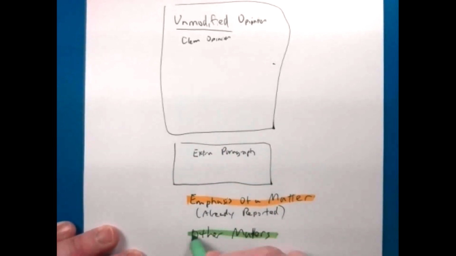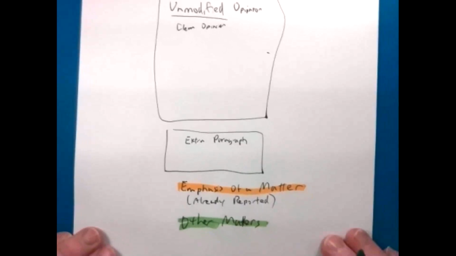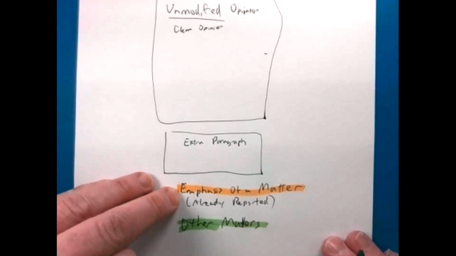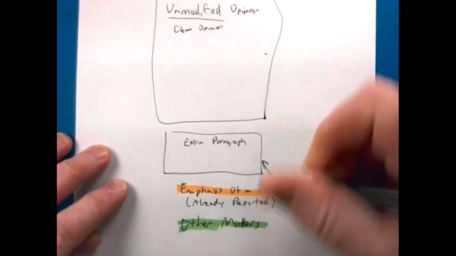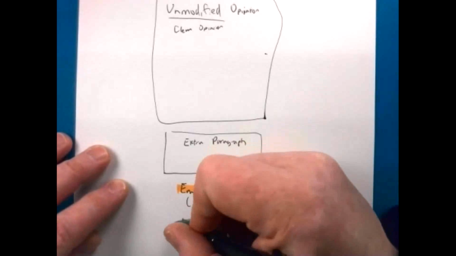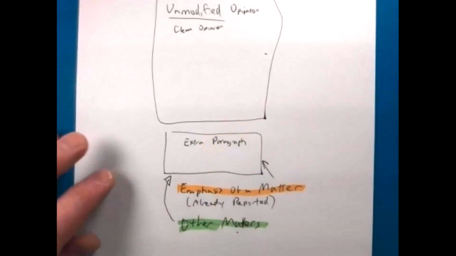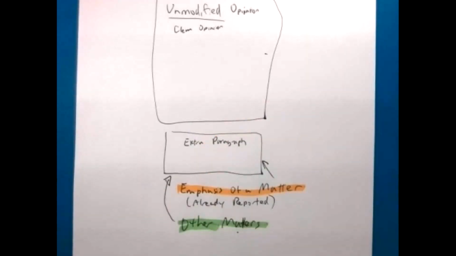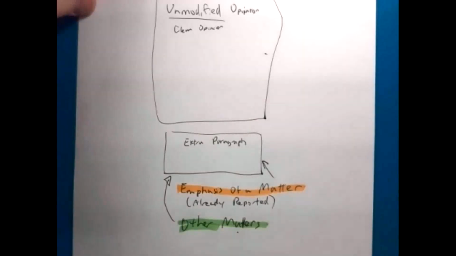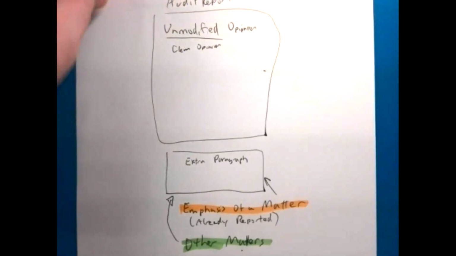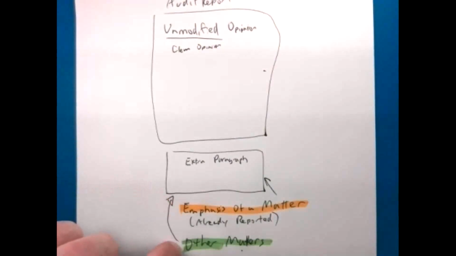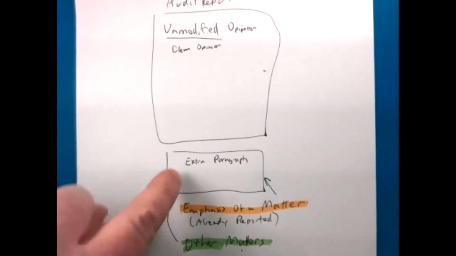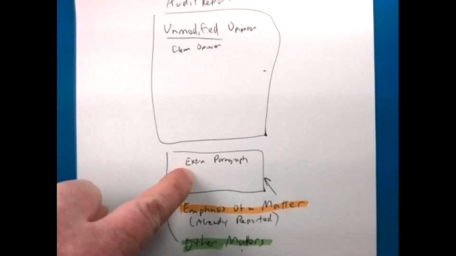So emphasis of a matter is something that's already reported. Other matters are things that may be already reported, may not, but they're things that the auditor says are important to go along with the report. So what we're talking about here for these emphasis of matter and other matters is an extra paragraph.